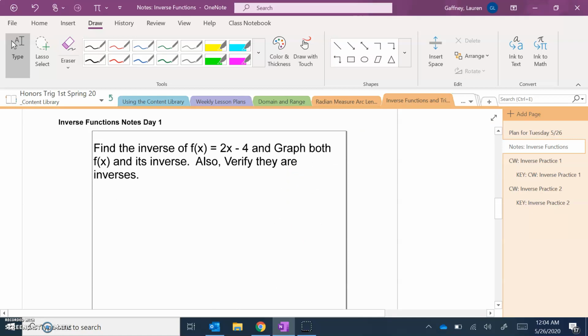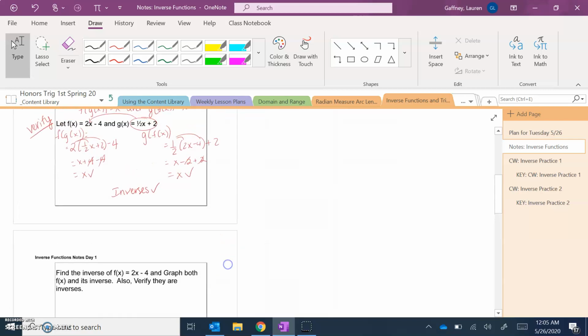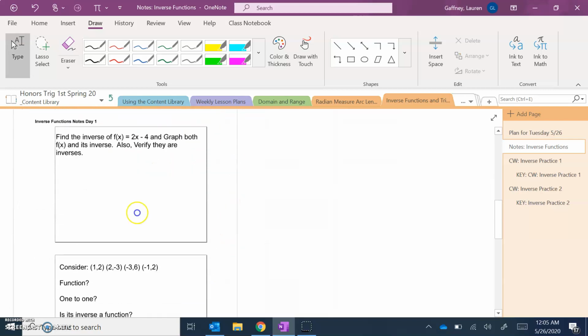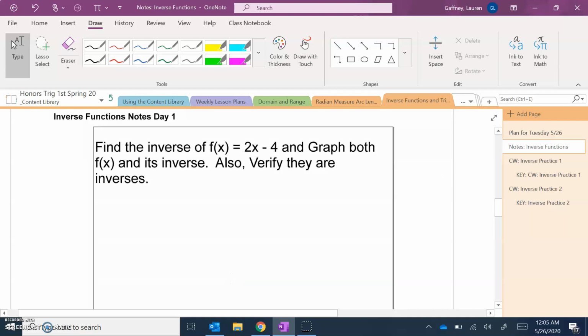Now it says find the inverse. Notice this is the same function from above, but I'm going to go through how you actually find that inverse. I'm going to call this part A, part B, and then part C. To find the inverse, I'm going to turn f of x into y. Now we switch x and y, and then you are going to solve for y.